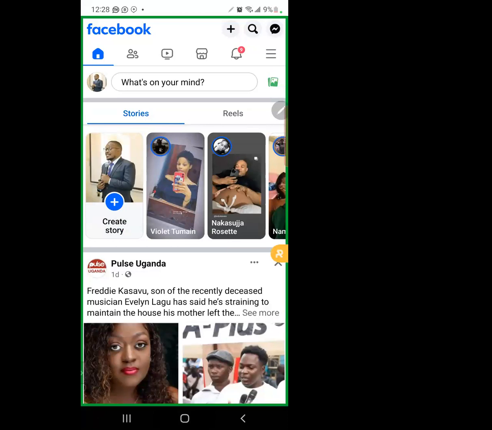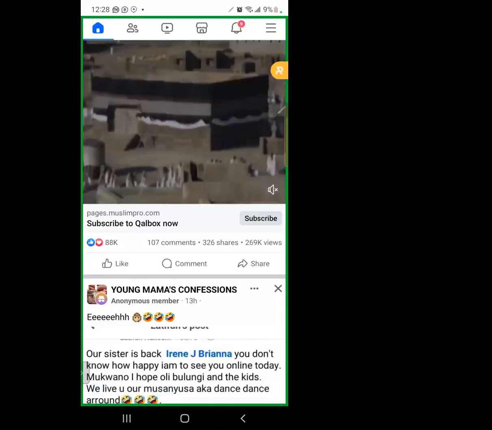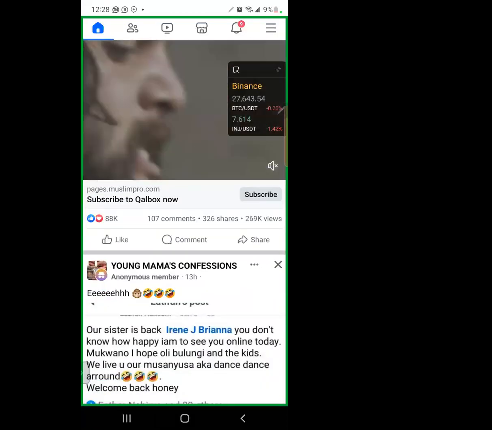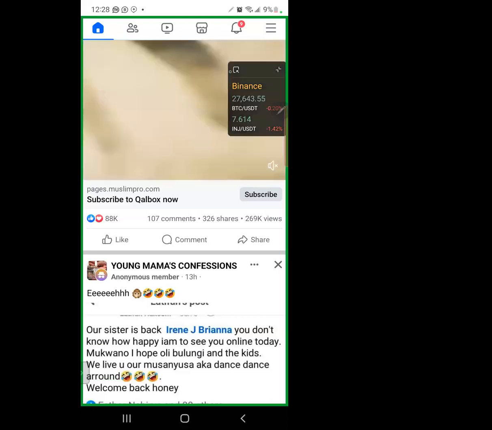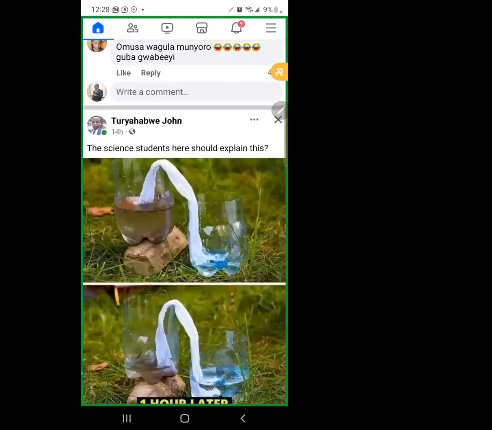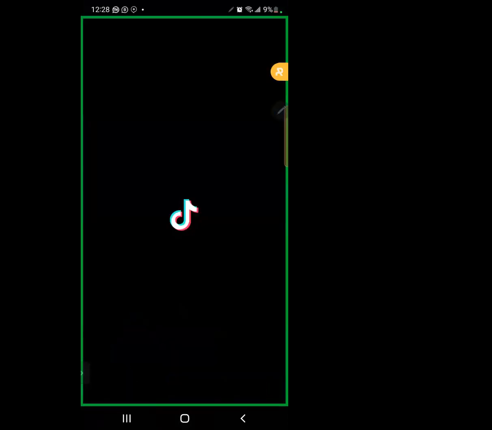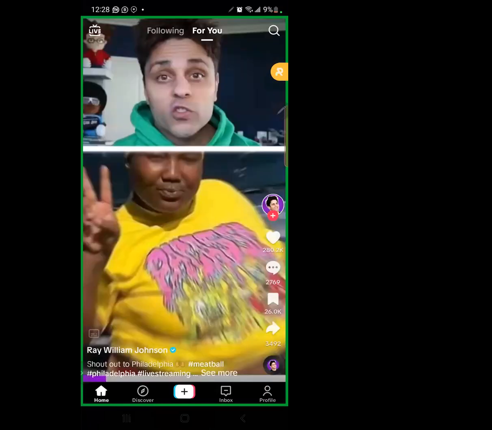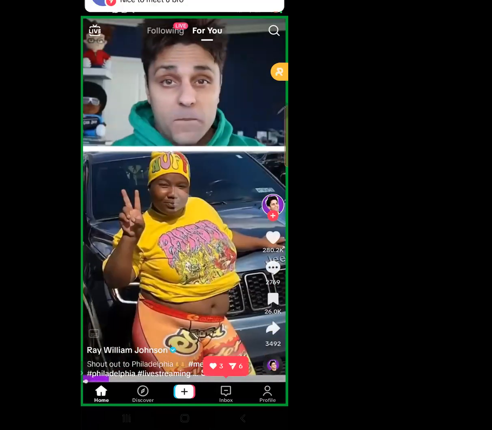Even if I'm on Facebook, I can still check my trades. I see INJ is still at 7.6. Okay. Then I tap and it goes away. I do my things. Even if I'm on TikTok, any application, it will be there, floating on every app.